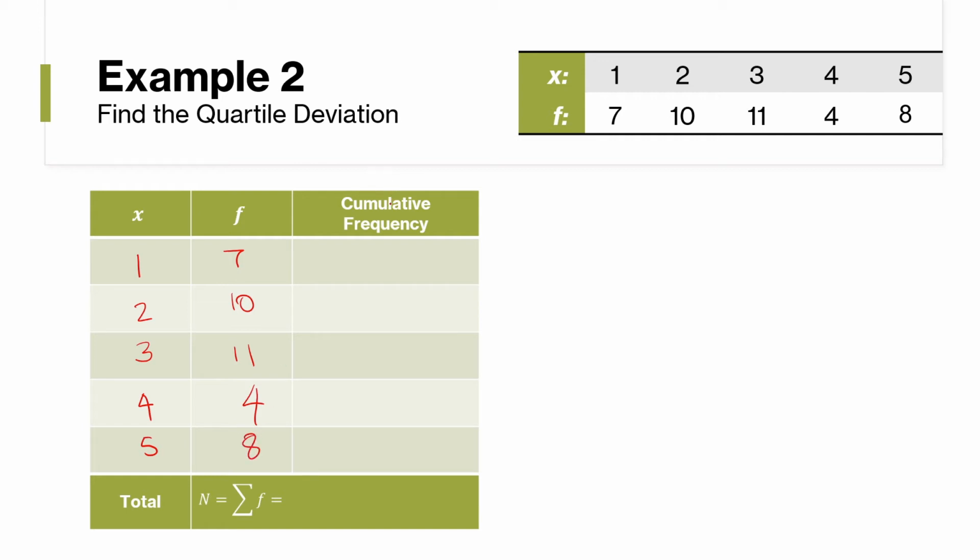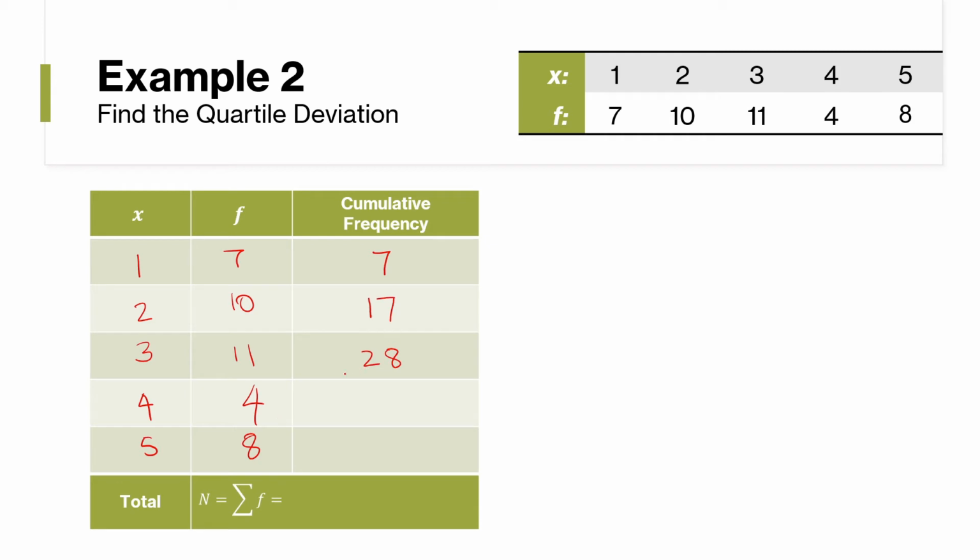The cumulative frequencies are calculated, if you remember. In the first row, we simply copy the frequency of that row. The second row, we add the cumulative frequency of the previous row plus the frequency of that row. Here, 7 plus 10 is equal to 17. Third row, 17 plus 11 is equal to 28.